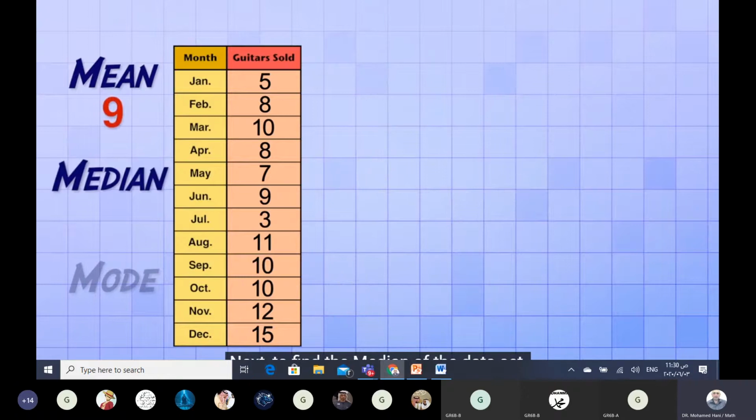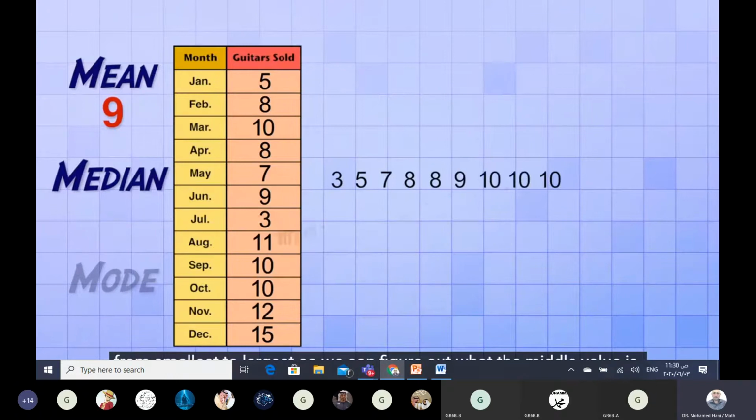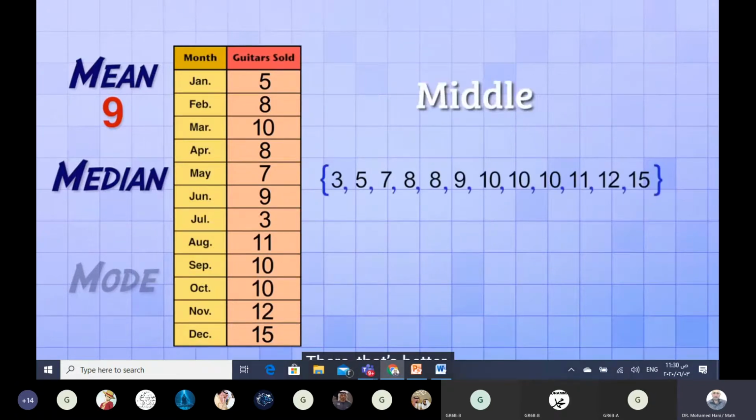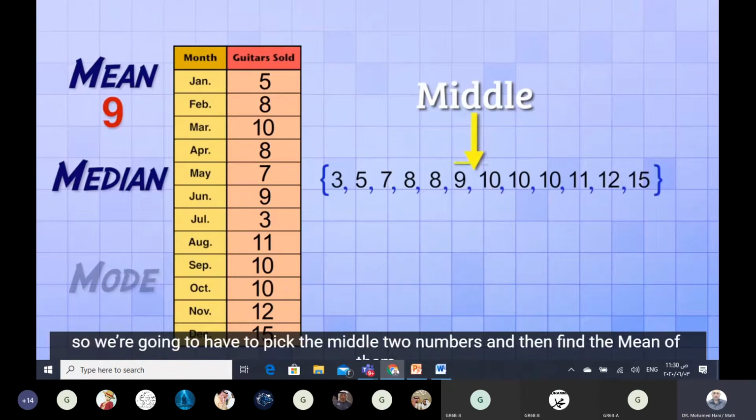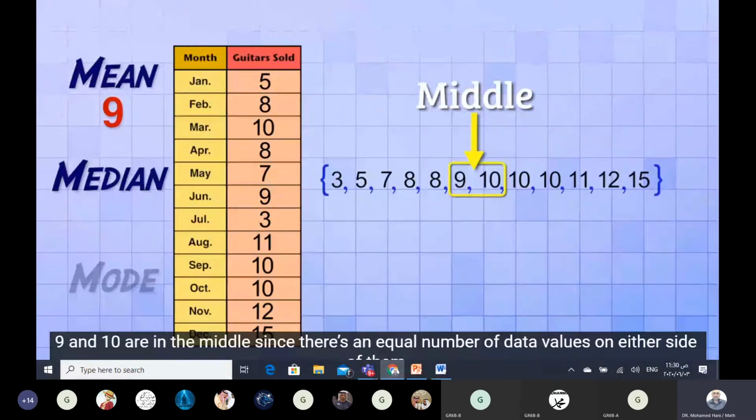Next, to find the median of the data set, we're going to have to rearrange the 12 data points in order from smallest to largest so we can figure out what the middle value is. There, that's better. Since there's an even number of members in this set, we can't just choose the middle number. So we're going to have to pick the middle two numbers and then find the mean of them. 9 and 10 are in the middle, since there's an equal number of data values on either side of them.